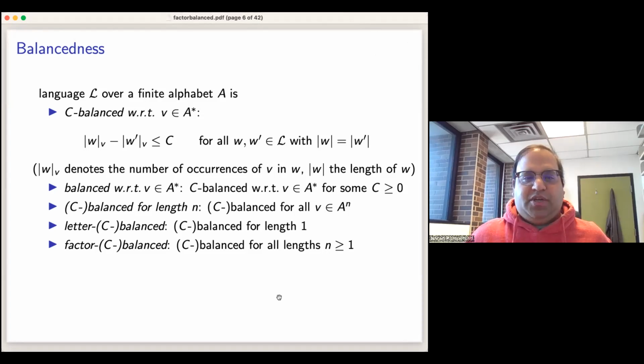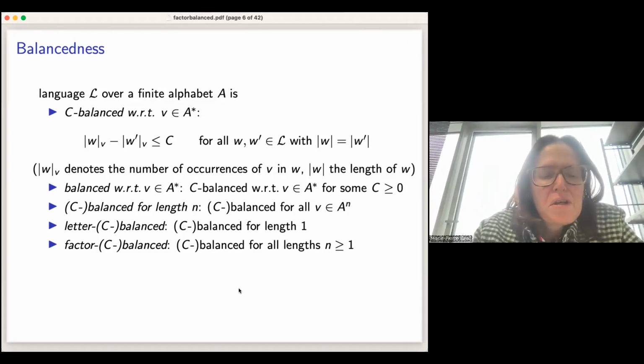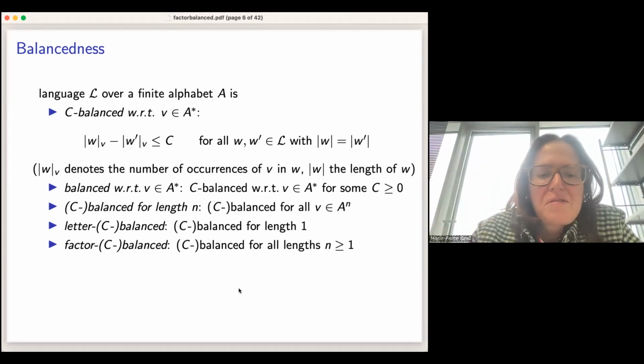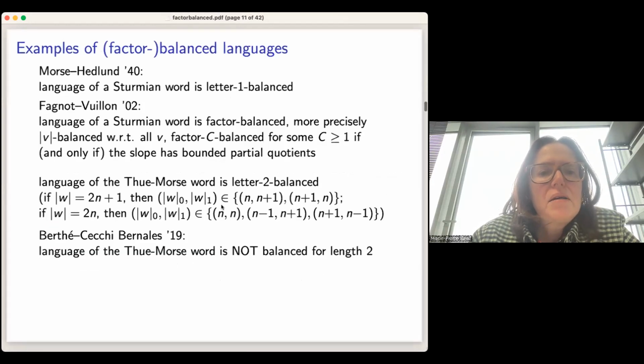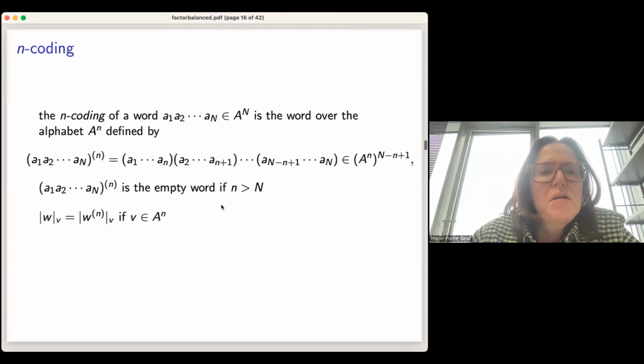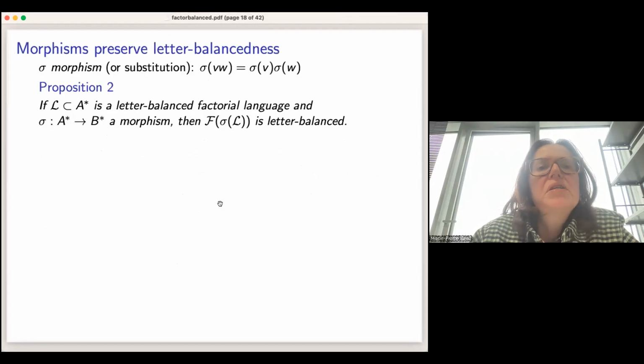Marie-Pierre, did you have a question? Yes, I have two questions. First of all, I missed the beginning of the talk. The talk explained the properties of conservation of balancedness through a morphism. Are there links with recognizability properties?